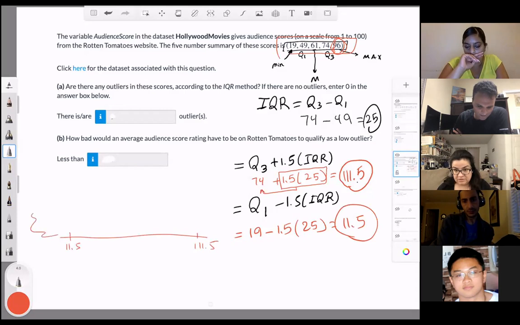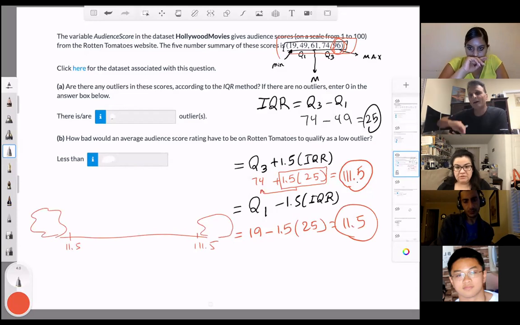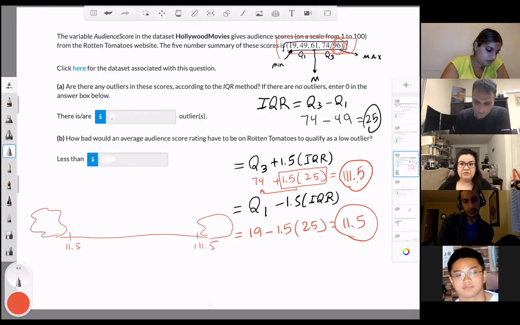That means any number less than 11.5 will be an outlier. Any number more than 111.5 will be an outlier on the other side. So on these numbers, do you see any outlier? No, correct?